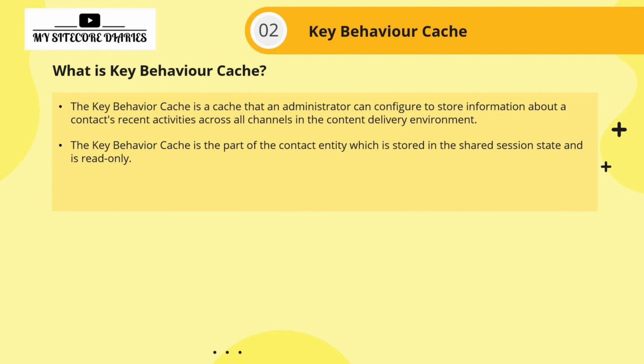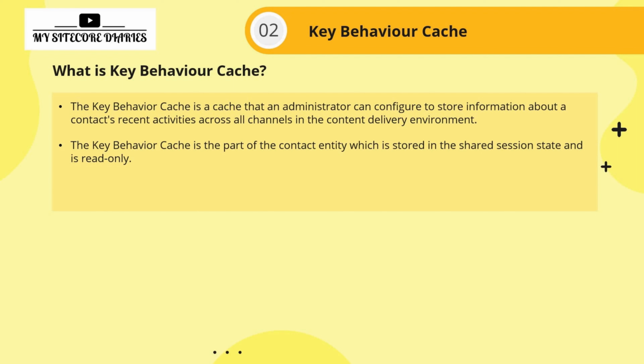The key behavior cache is part of the contact entity, which is stored in the shared session state and is read only. So the key behavior cache is a part of a contact entity. Again, you may need to refer to my old videos where I explain the contact entity, which is stored in the shared session state.